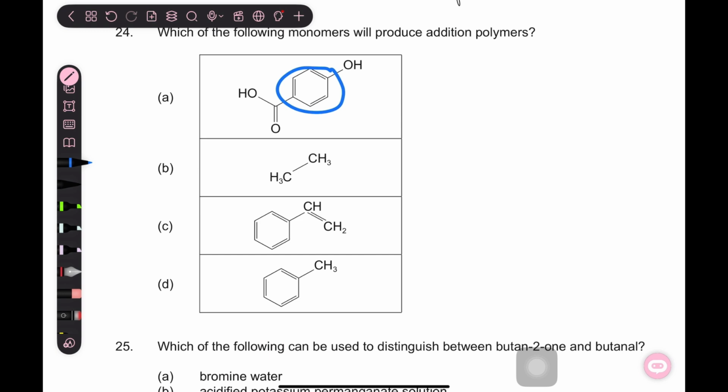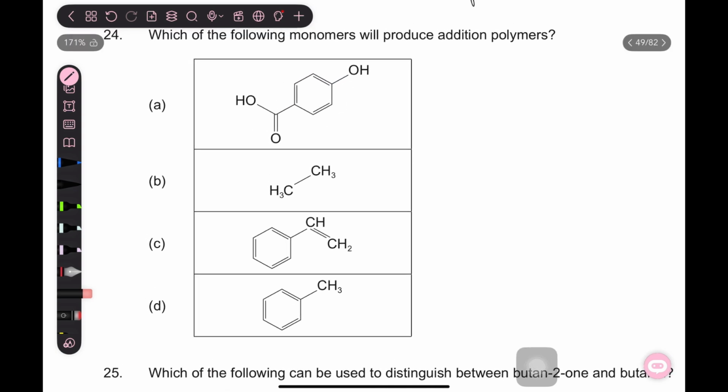So they actually can't participate in addition polymerization because it'll reduce the stability of the benzene ring. So you can't count these double bonds as double bonds for addition polymerization.